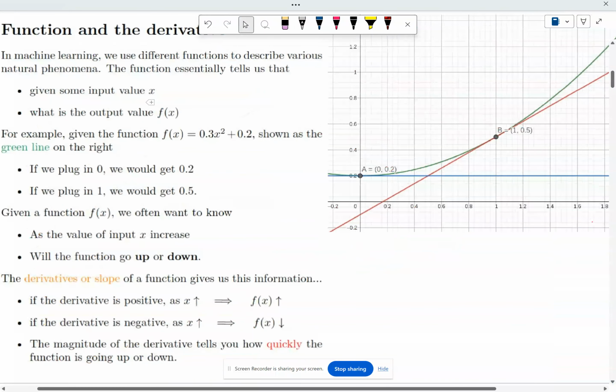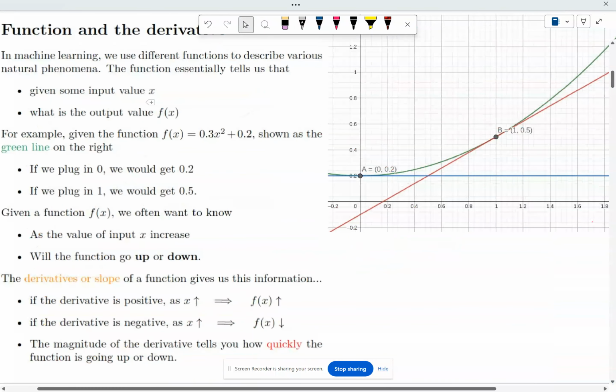So this line basically tells you that given some input, what the output would be. A function can be visualized as a system where you put some input in and get some output out, and you can plot that on a graph. That's basically what a function is.